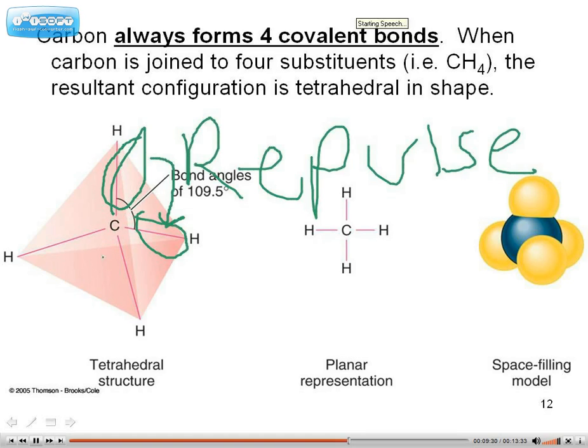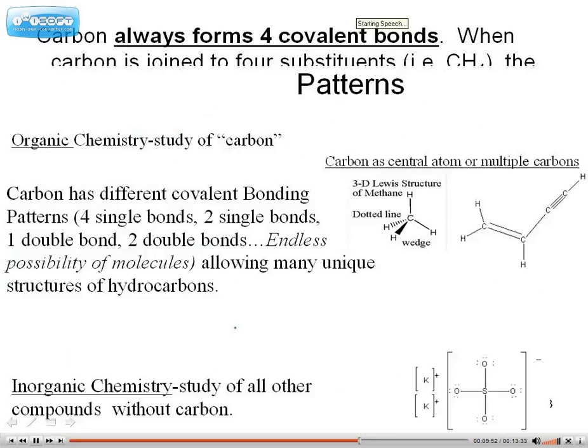So in this case, here's an example of methane, and because these pairs of electrons repulse each other, the atoms that are connected are spread out. Consequently, they create these nice three-dimensional shapes. So in this case, for methane, it creates a tetrahedral structure shape.